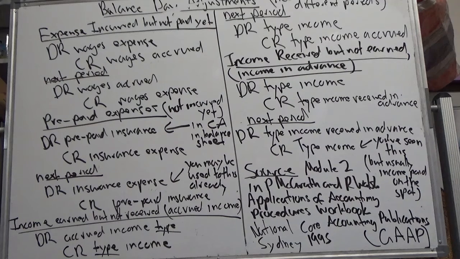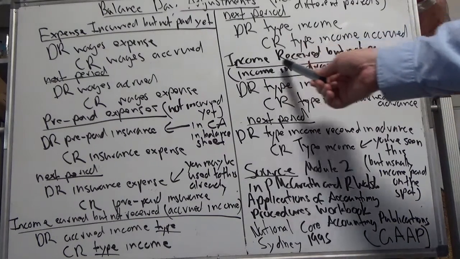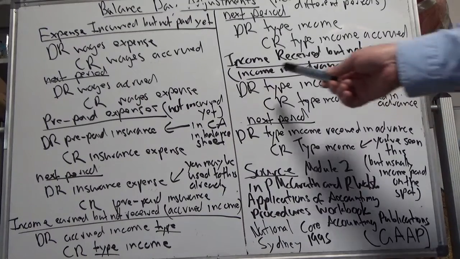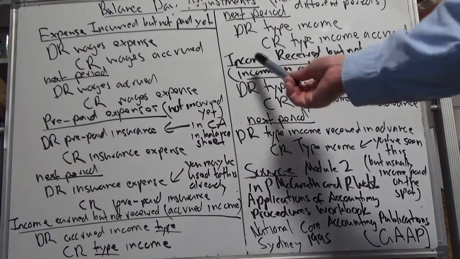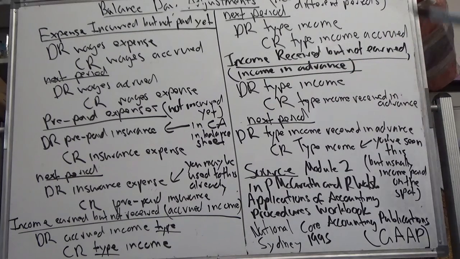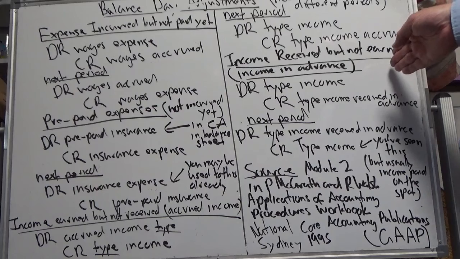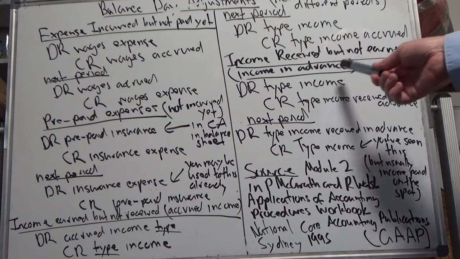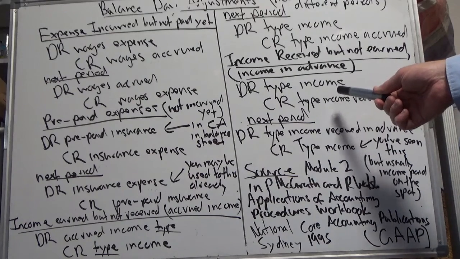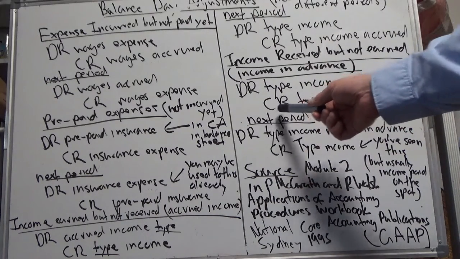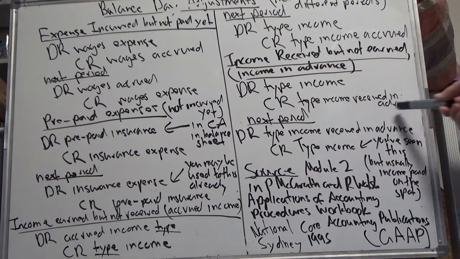The next type of balance day adjustment is income received but not earned. So you're getting income in advance, and this is typical with airline flights. You book your ticket, you pay, but from the airline's point of view, this is income received but not earned. They haven't flown you from Sydney to Melbourne just yet, but you've paid. So you debit cash, and you credit the type of income received in advance.